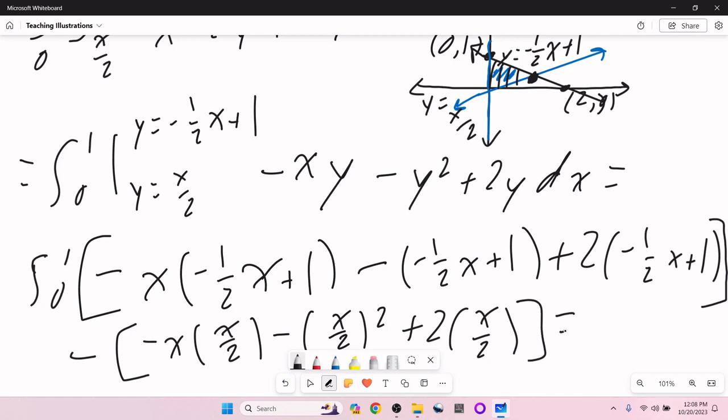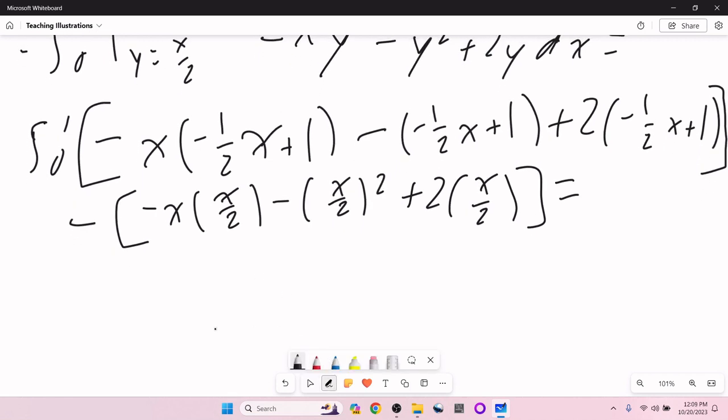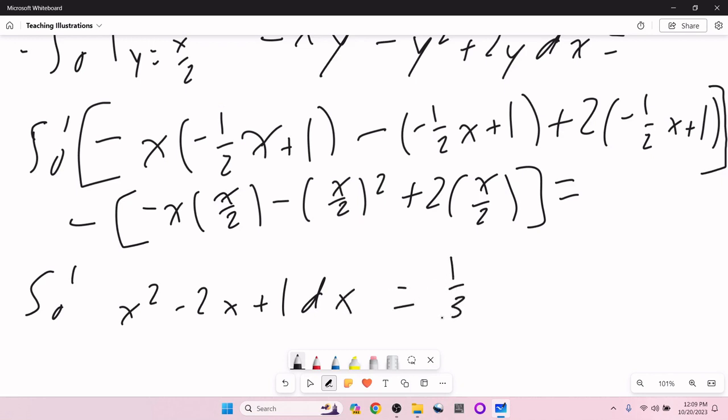And then you would do a bunch of expanding here, and you would eventually get, surprisingly, the integral from 0 to 1 of x squared minus 2x plus 1 dx, which ends up as 1/3.